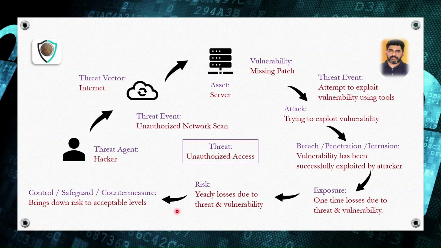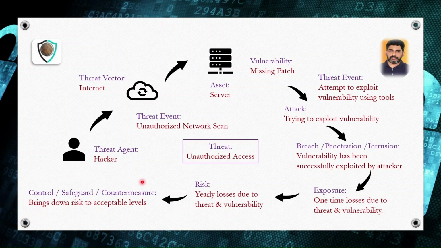So to calculate the risk, we have to also calculate what is called likelihood, which means determining how frequently the threat occurs every year. So exposure multiplied by likelihood, that is what gives you your risk. So in short, we can say exposure is talking about one-time losses when the threat exploits vulnerabilities, and the risk is talking about the yearly losses that we face when a threat exploits a vulnerability.